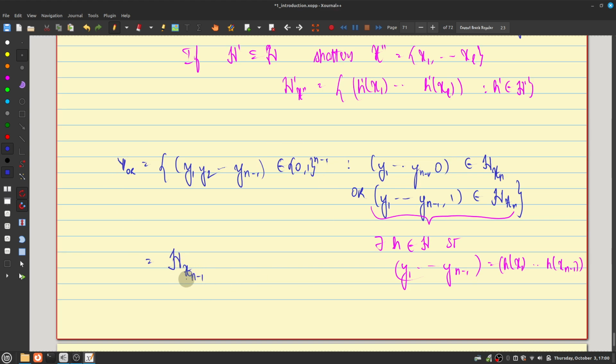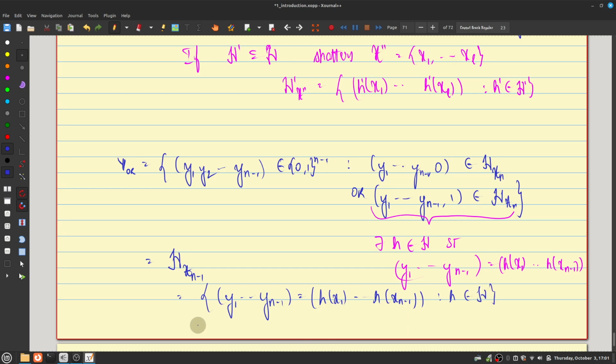So what is hxn minus 1? This is the set of all y1 through yn minus 1 which can be written as h of x1 through h of xn minus 1 for some h.